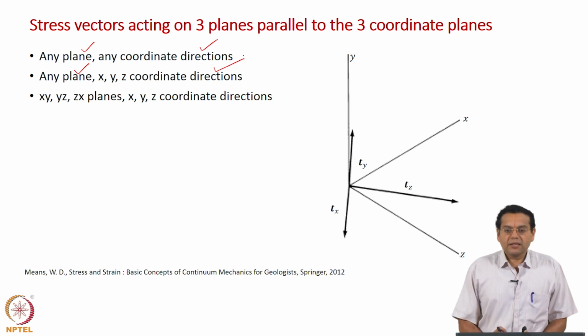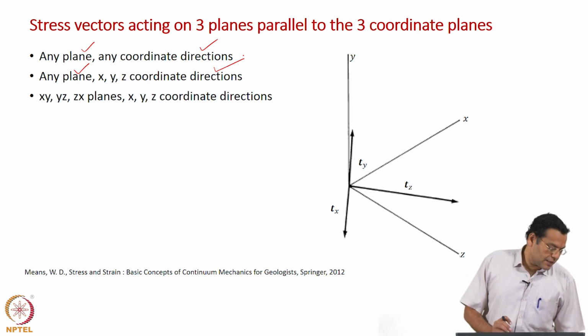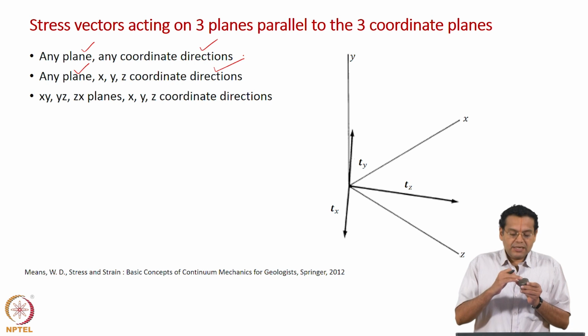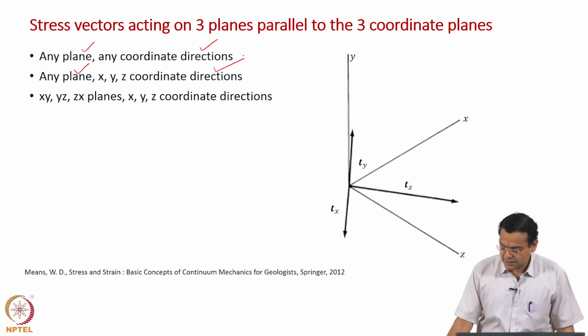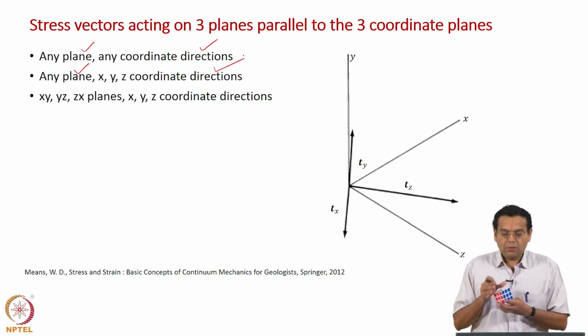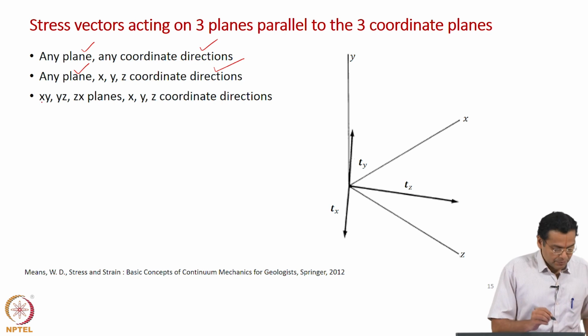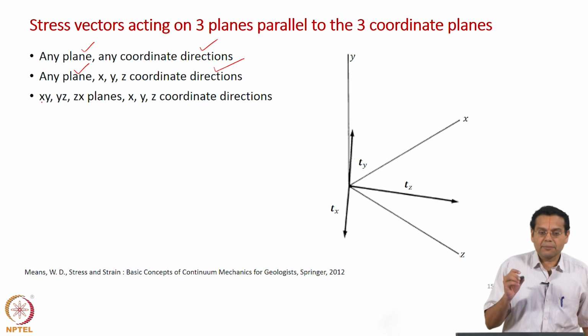But even this is difficult, because though we are interested in stress acting on any plane, we will make it little more easier to handle. Instead of considering this any plane, I consider the planes which are parallel to our coordinate axis, okay. That is why as shown here, remember all these planes are at the same point, you will understand that as I show further figures.